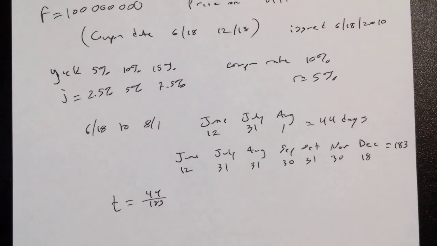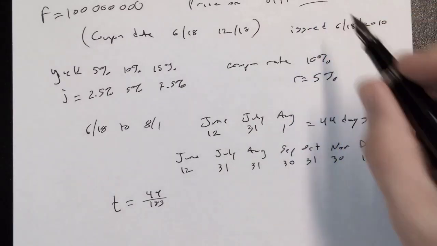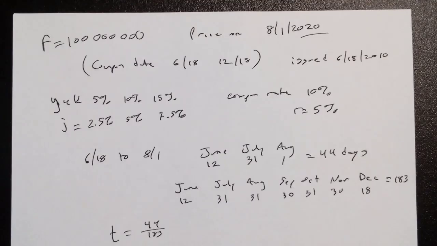I'm only doing part of the bond, right? Okay, hang on a second. Because I'm looking at the purchase price in 2020, I've got to get this bond brought forward to 2020.